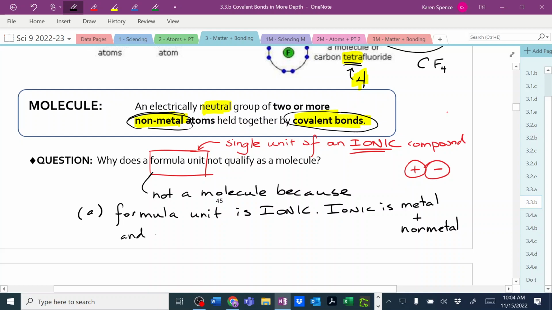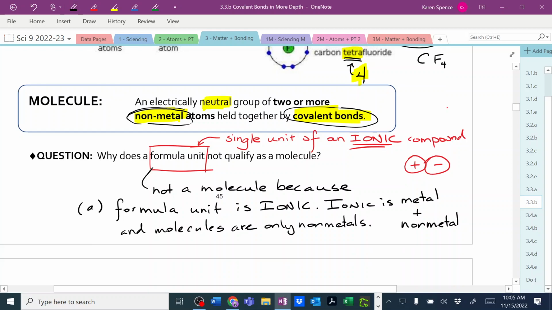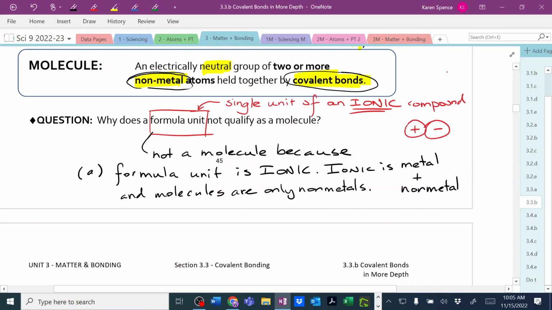And molecules are only nonmetals. I really have not left enough room for this, so I'm going to put it on the next page.